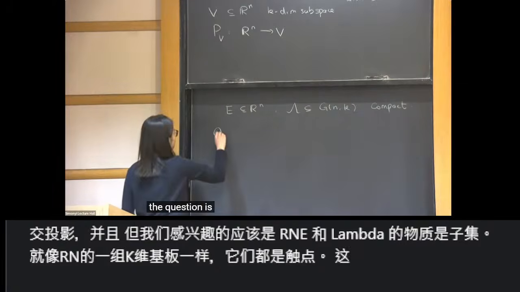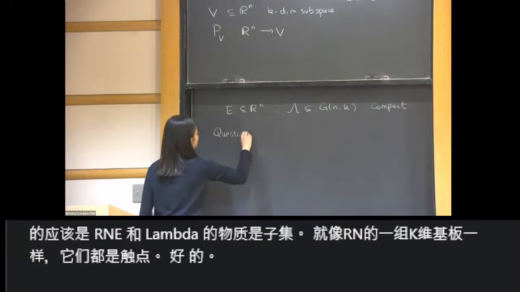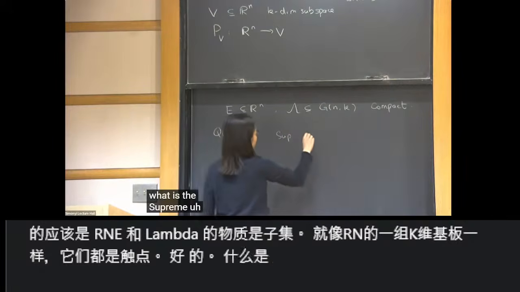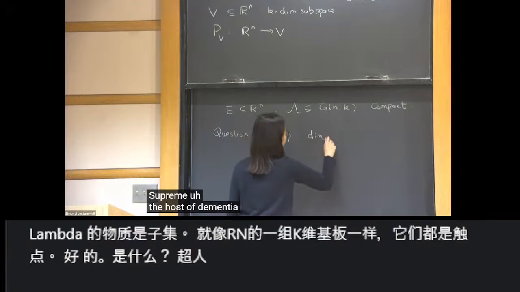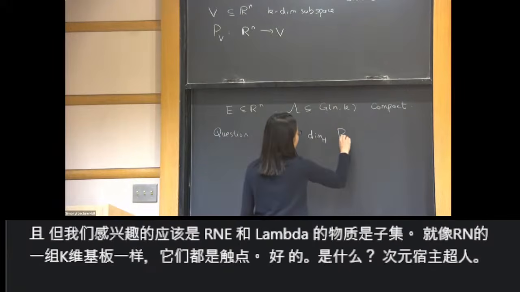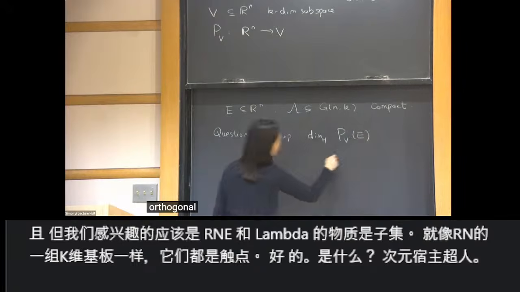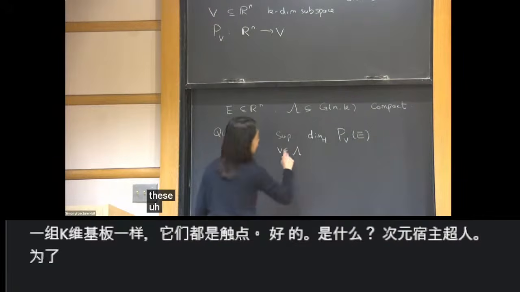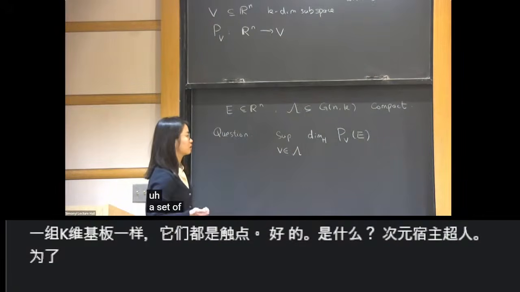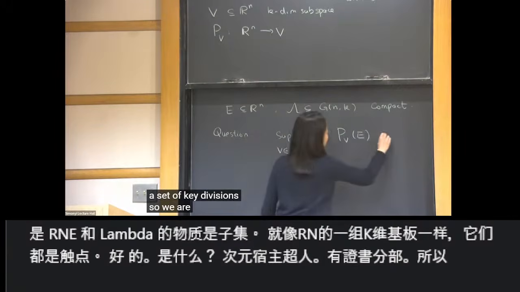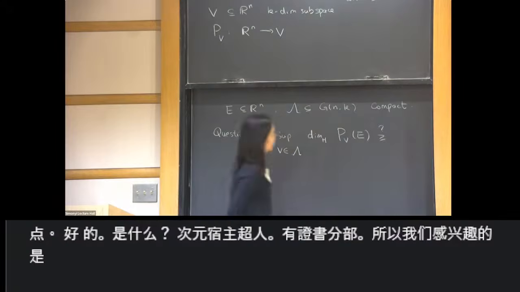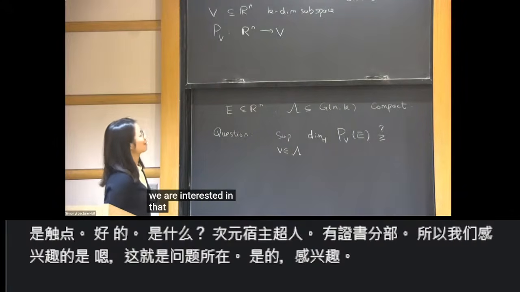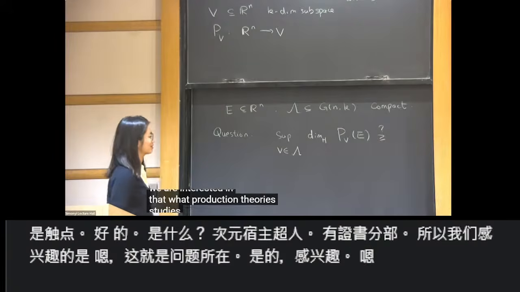What is the supremum of the Hausdorff dimension of the orthogonal projection image of E for V in the set Lambda of k-dimensional subspaces? This is the question that projection theorems study.